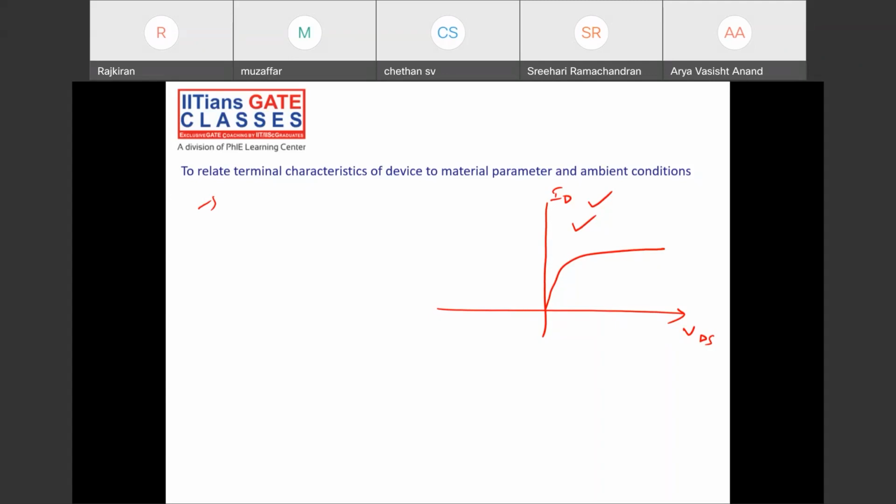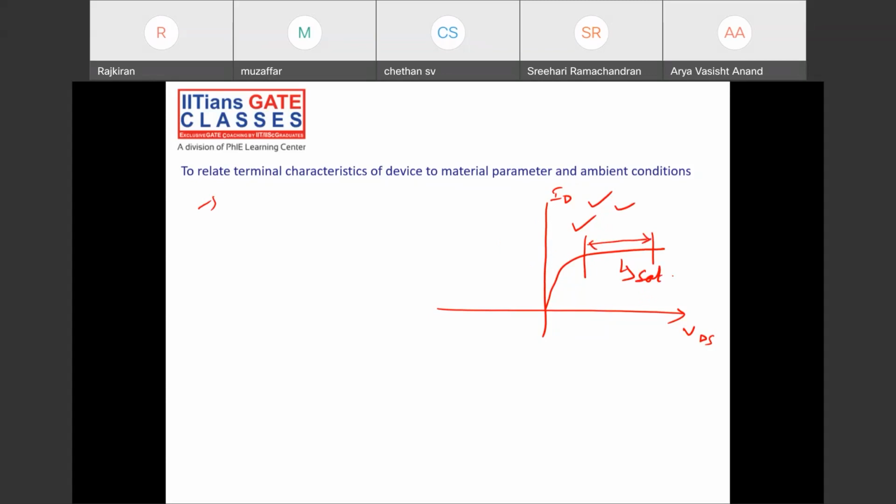Okay, so the thing is, why is this ID characteristic very important? You will understand in analog circuits only when we are in this region, right? This is called the saturation region in a MOSFET. Only when my device is operating in this region, it will act as an amplifier.